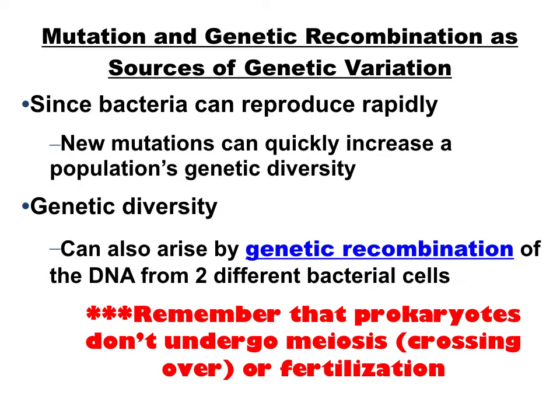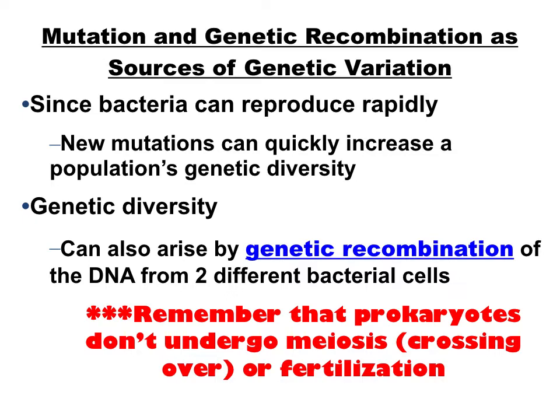Okay, but prokaryotic cells don't do meiosis, so there's no crossing over between chromosomes because they only have one chromosome, right? And they don't do fertilization because that's not how they reproduce.